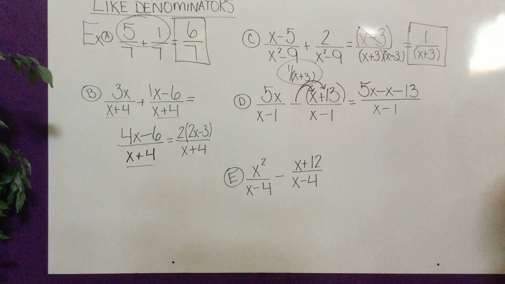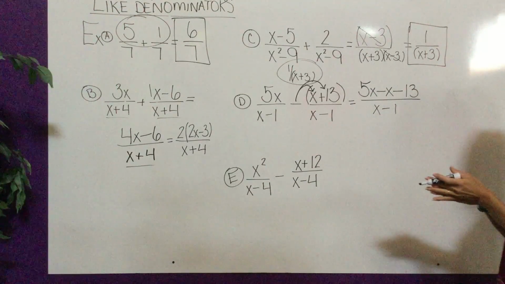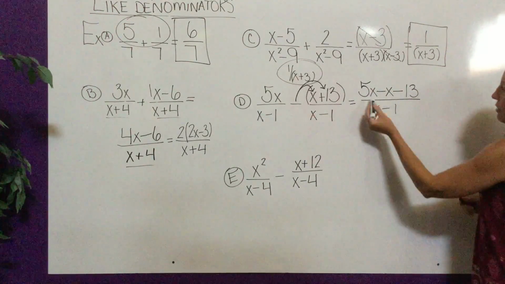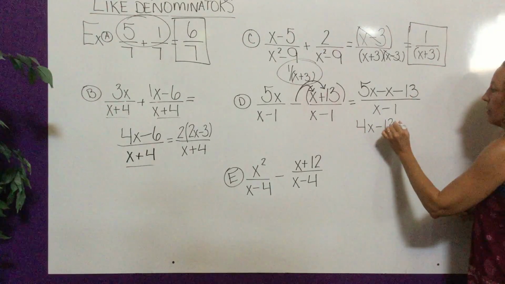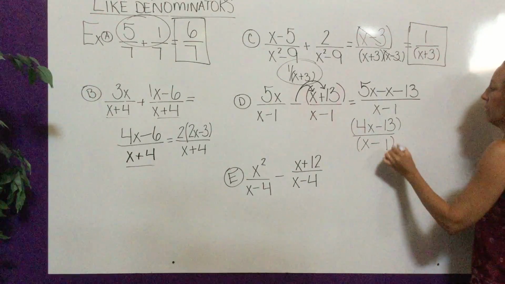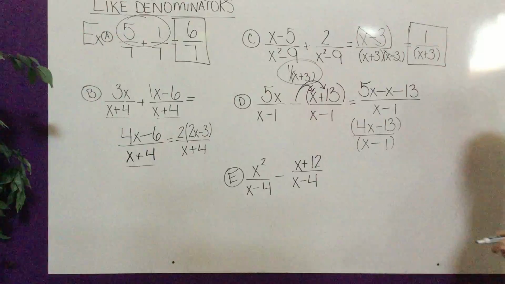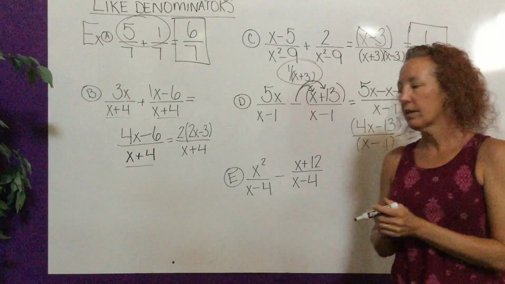And so if you want to rewrite that, you can see it all, and now you can gather up your like terms. And so 5x take away x is 4x minus 13 over x minus 1. 4x minus 13 doesn't factor, so there's no reason to try to factor it or cross anything out.